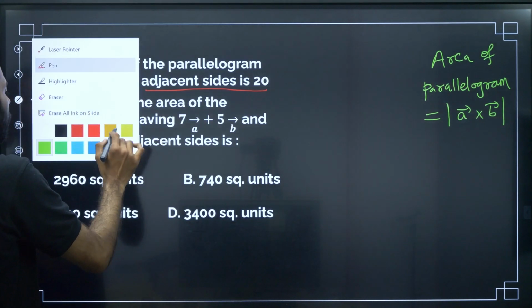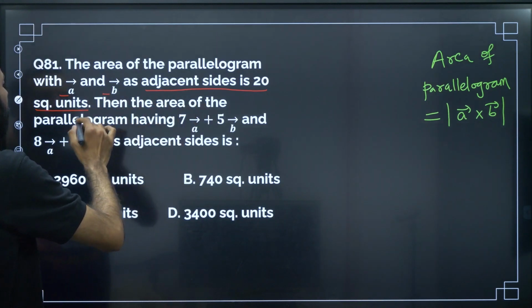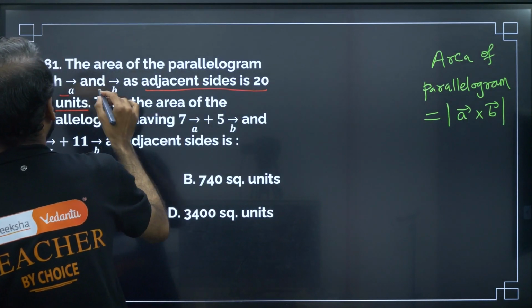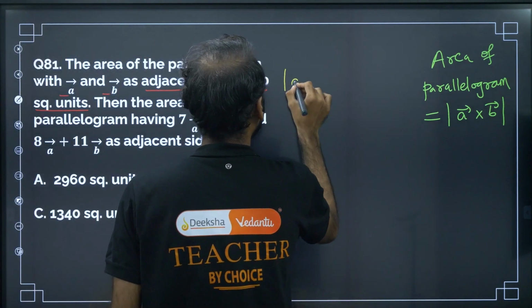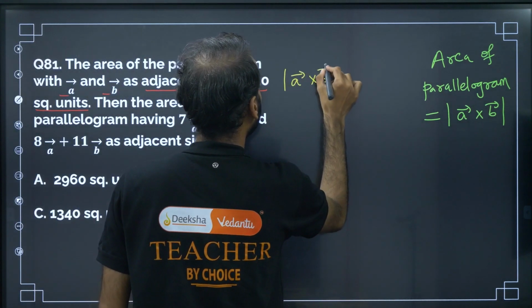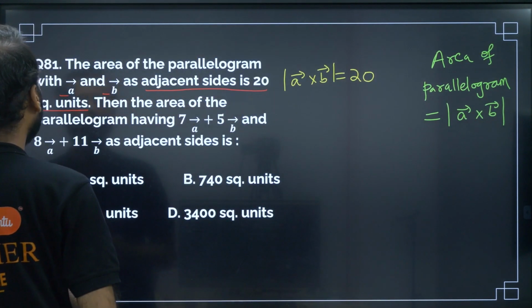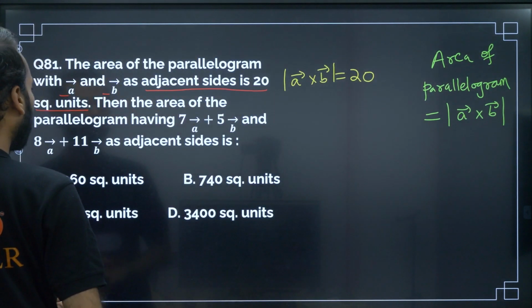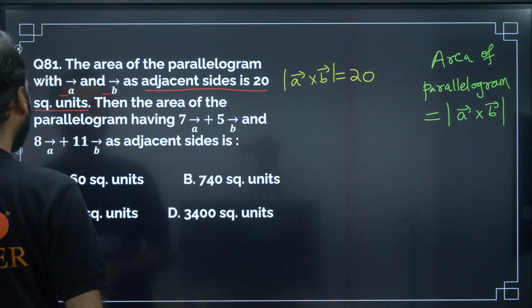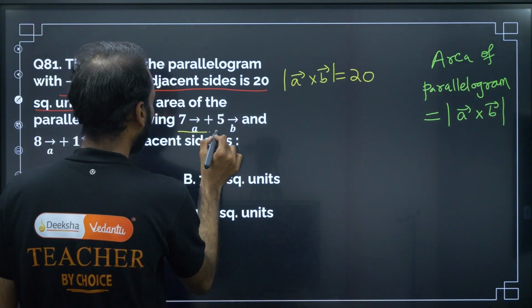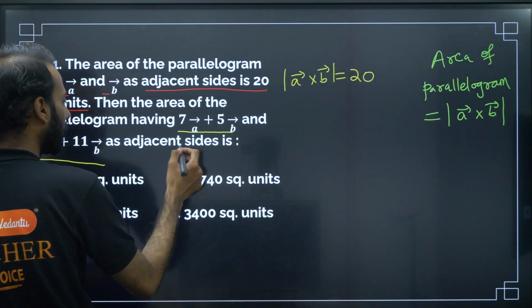So what they are asking: area of parallelogram with A and B as adjacent sides is 20 square units. So this A cross B is 20 square units. The area of parallelogram having 7A plus 5B and 8A plus 11B as adjacent sides is. So further they have given some other values as adjacent sides.